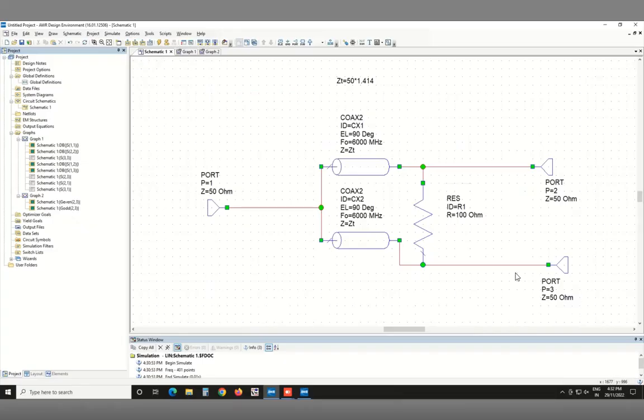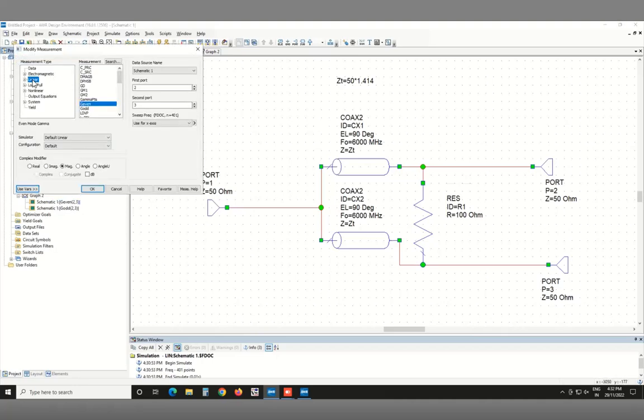I actually had a thought of making this circuit into two parts. Will that work here? G even, yeah, G even. And it comes under linear.